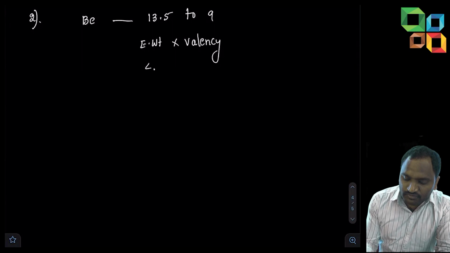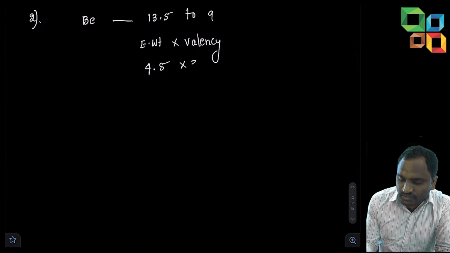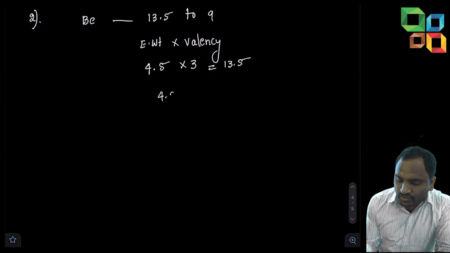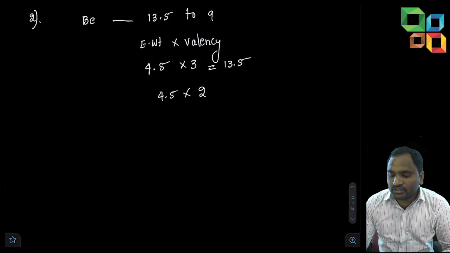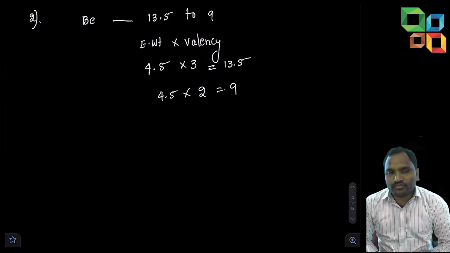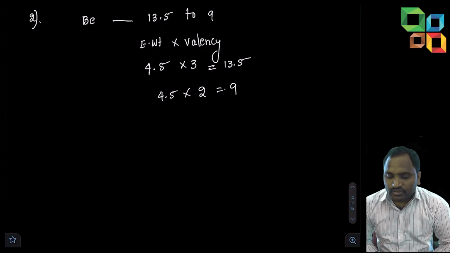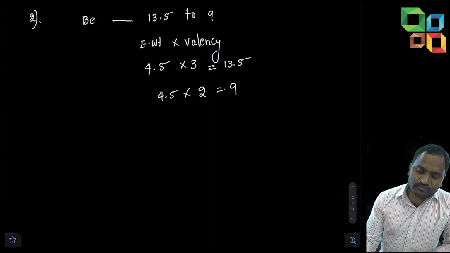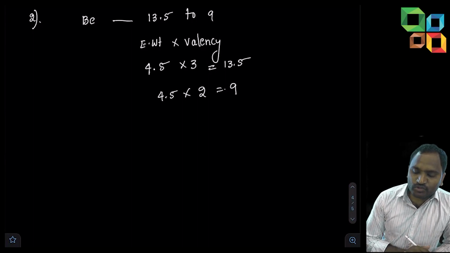So the equivalent weight is 4.5. Earlier, it was considered in the 13th group, so they took valency 3, giving 13.5. Later, he adjusted it, considering its resemblance with the second group, and corrected the atomic mass of beryllium to 9.